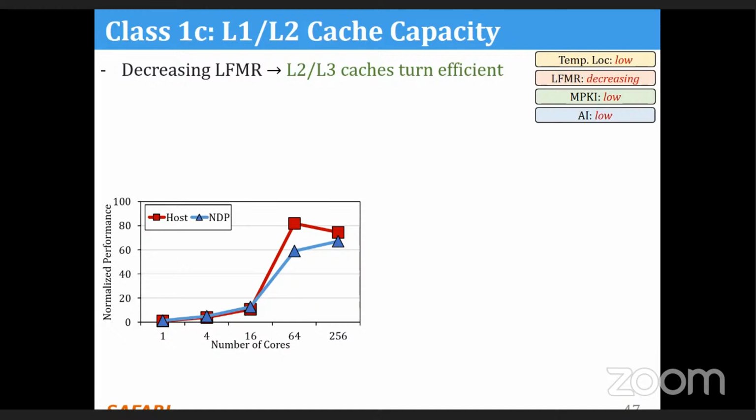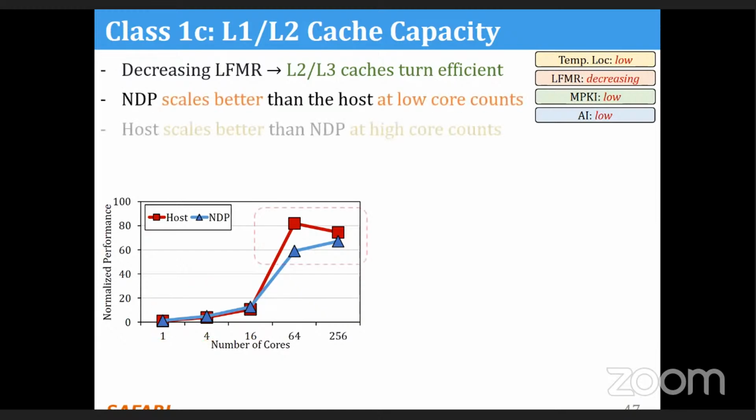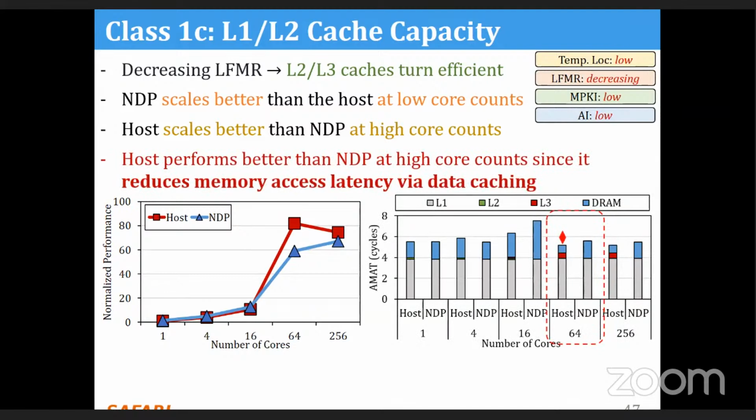So as we use more cores on the CPU, the total amount of cache in the system also increases. And because it increases, the workload execution benefits from that. So that's why we see that for NDP, it's faster for lower number of cores, while for higher number of cores, it's the host that is faster. But that's because of the effect of more cores, more cache capacity, and then a benefit for this type of workloads.